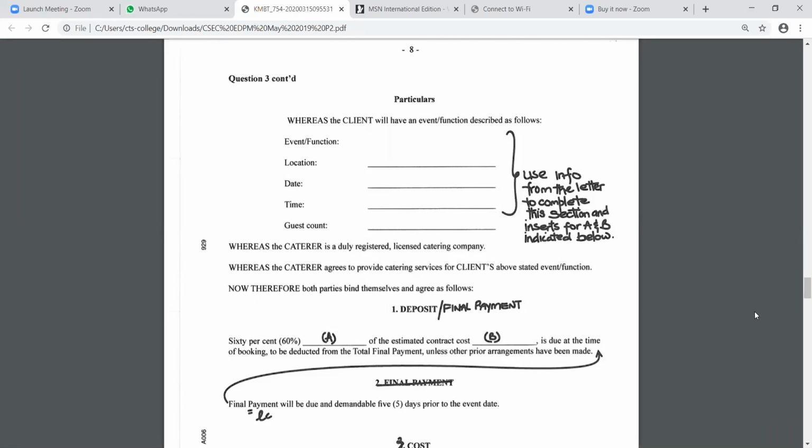So we're back on. Question 3 continues on the other page. What is my next piece of text that I have to put there? Particulars, are you all seeing that?